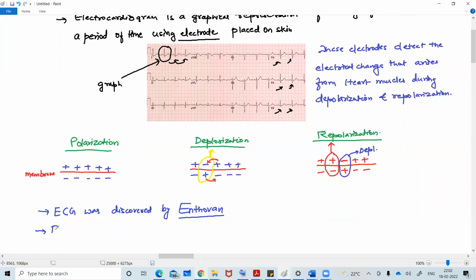So you can say the first ECG was recorded by Valor. So Valor is the scientist who first recorded the graph of the working of the heart muscle. Right? So these are the two scientists' names you must know.